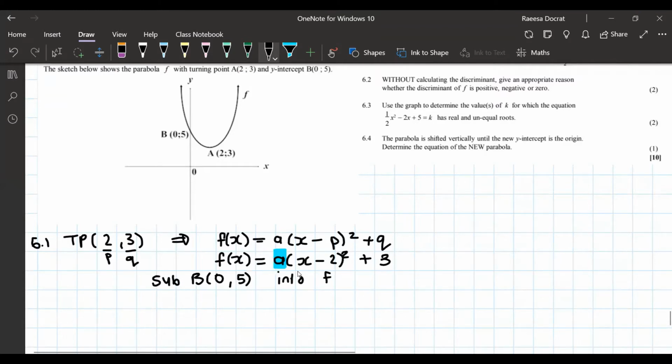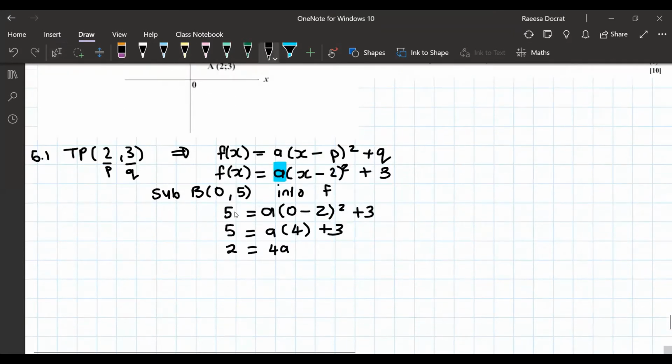In the place of y, we put 5, and in the place of x, we put 0, and then we solve for a. So 5 is equal to a times 4 plus 3. Take that 3 over. We get 2 is equal to 4a. And then finally, we divide both sides by 4 and we get a is a half.